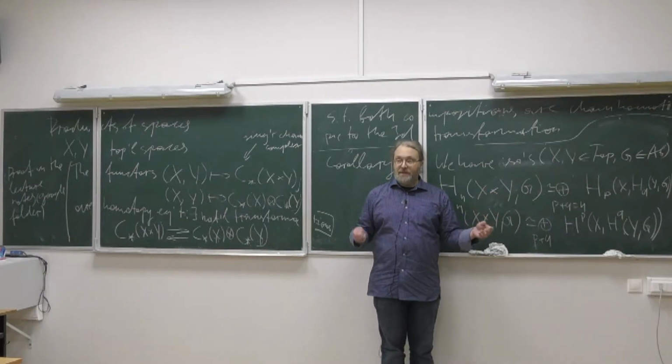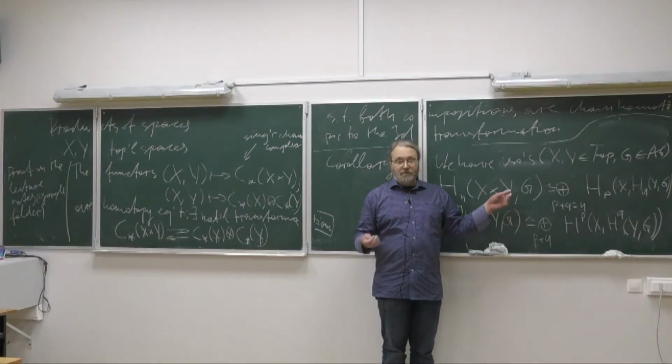X and Y are spaces. G is an abelian group.